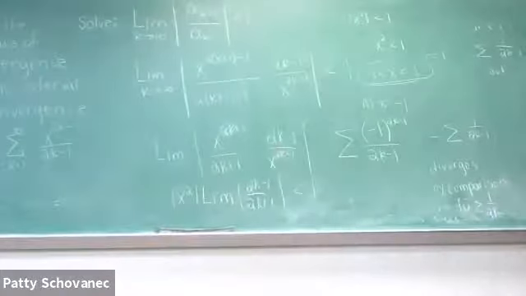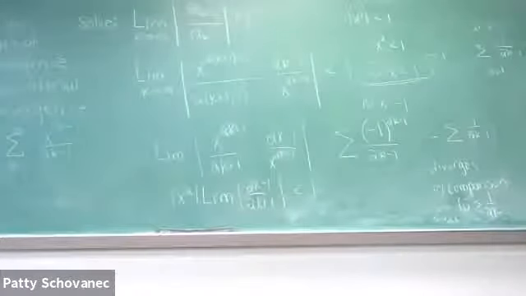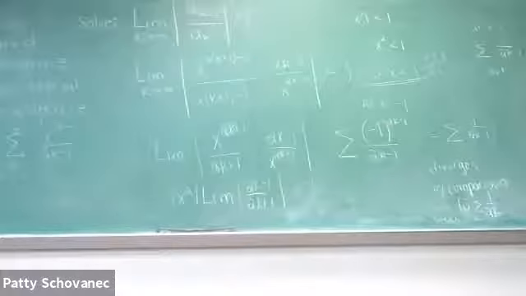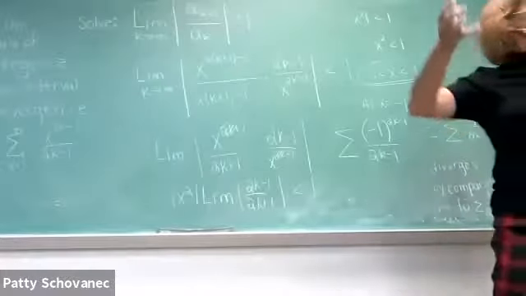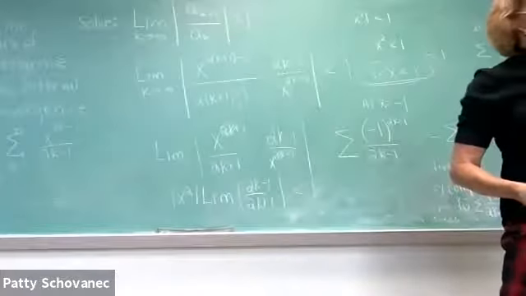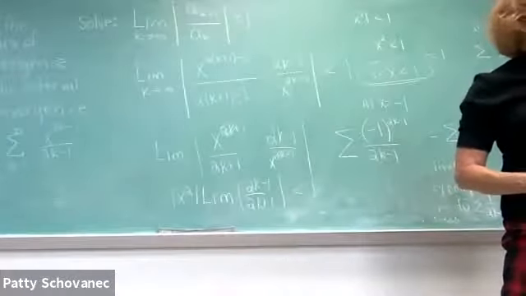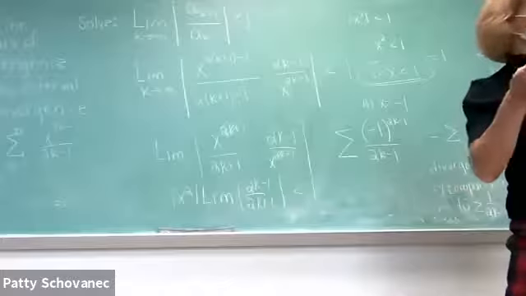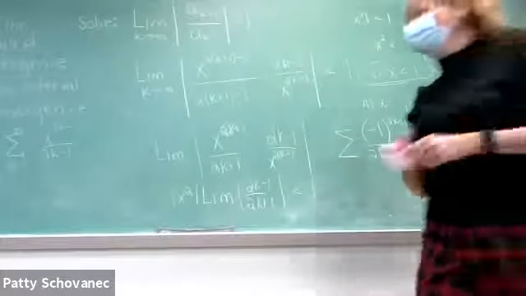Because I said there was this thing called the Taylor series. The Taylor series was a series representation of a function on an interval, where that function on that interval had an infinite number of derivatives. And I showed you a formula of how to get that function, but now I'm going to show you where the formula comes from.